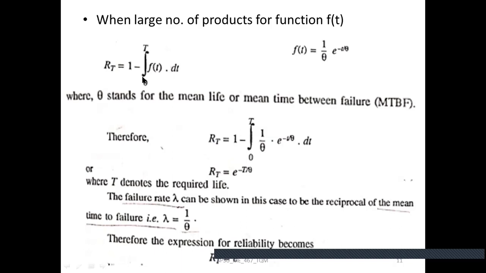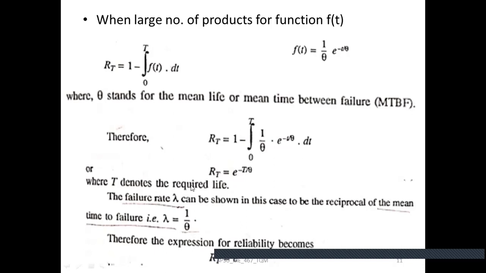Therefore, we put the value of ft in this equation: Rt is equal to 1 minus the integral from 0 to t of 1 upon theta e raised to the power minus small t upon theta dt. After the integration, we obtain Rt is equal to e raised to the power minus capital T upon theta, where capital T denotes the required life of the products.